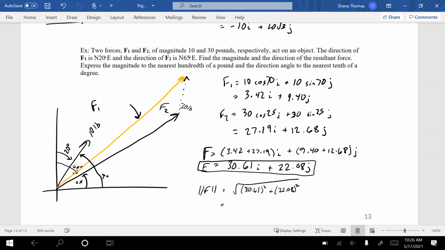And then I just plug that into a calculator, get 37.74 pounds. So because we are not pushing or pulling in the same exact direction, we're losing some of the force that we're exerting. We lost what? A little over 2 pounds of force because they weren't pushing in exactly the same direction. But we do know the direction it was being pushed in, and that was the vector we just found.